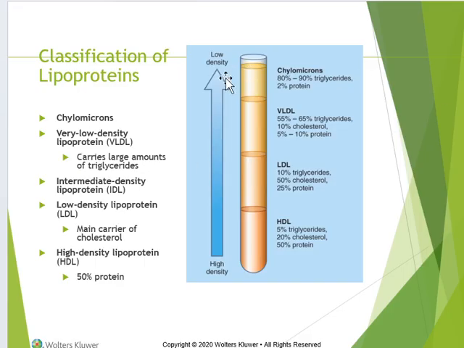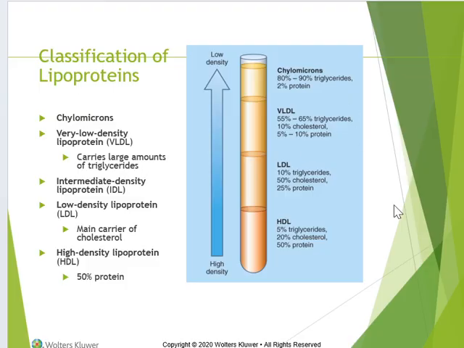Chylomicrons are our lowest density lipoprotein. They contain 80 to 90% triglycerides and very low levels of protein. These are responsible for carrying much of the triglycerides in the circulation. VLDLs, very low density lipoproteins, also carry large amounts of triglycerides.